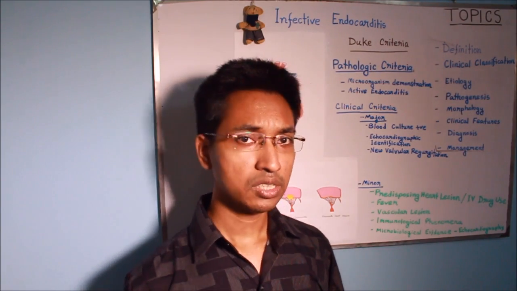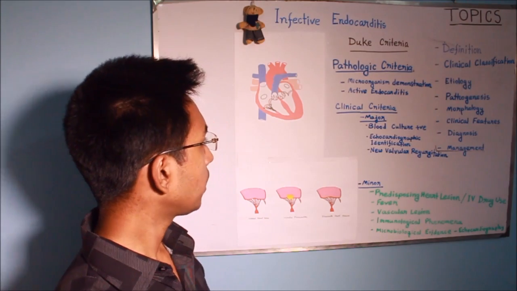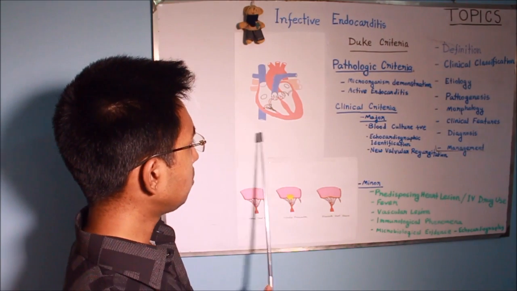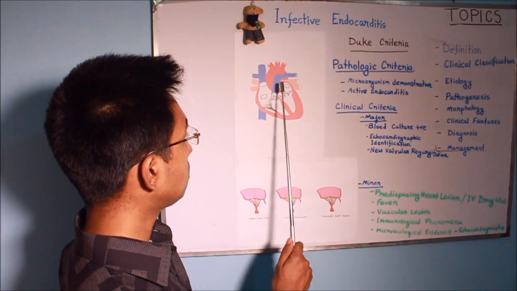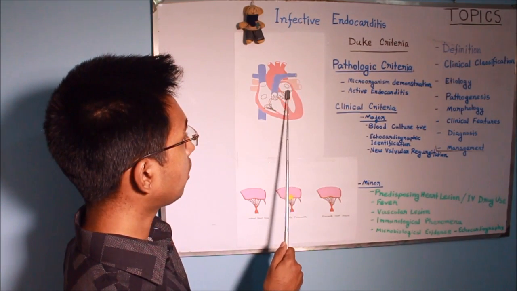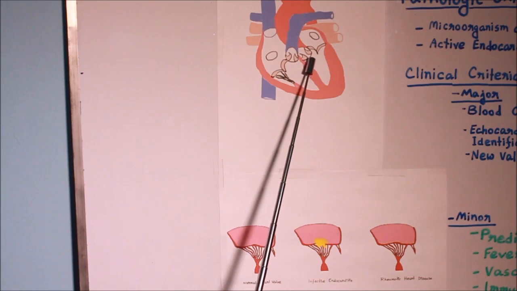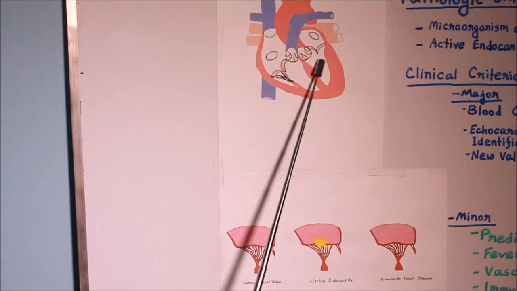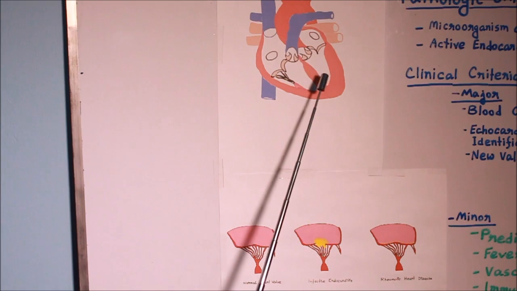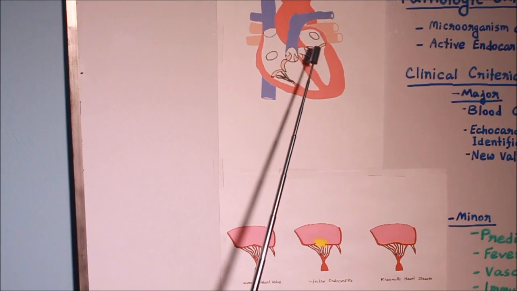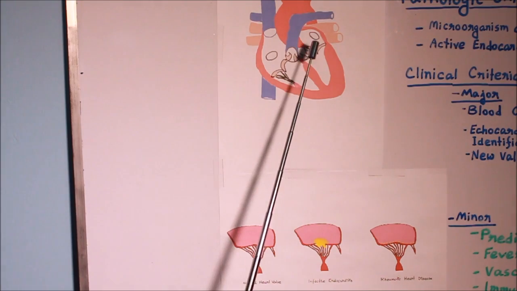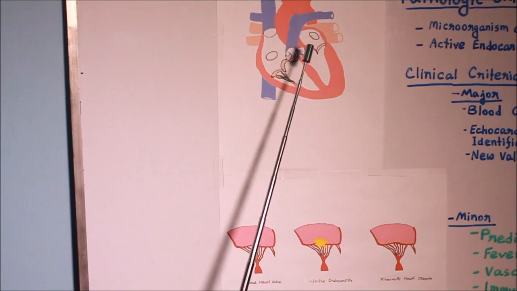For example, in this image you can see a very diagrammatic cross section of a heart. This is the left atrium, this is the left ventricle, and between them there is the mitral valve, and this mitral valve is most frequently involved in case of infective endocarditis.